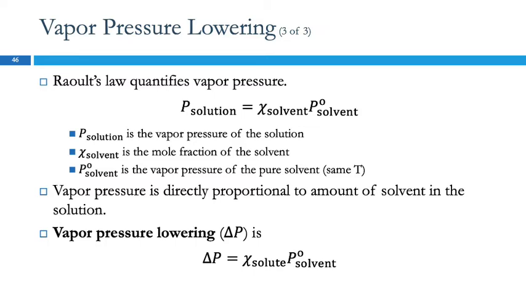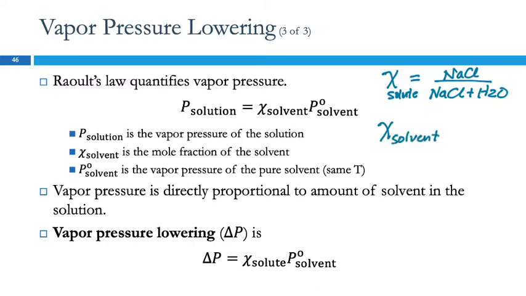Or actually, would it? Let me think. So if we're looking at the mole fraction of the solute, we're going to have moles of sodium chloride over moles of sodium chloride plus moles of water.